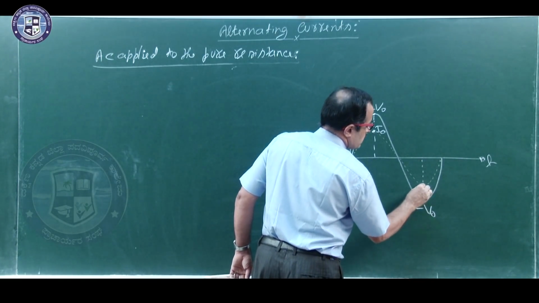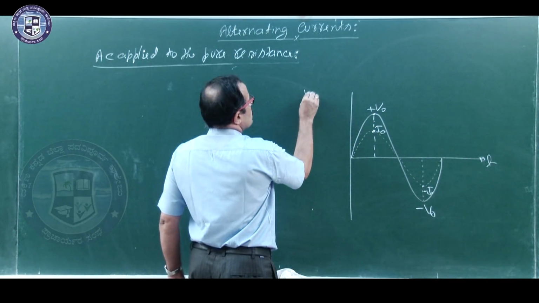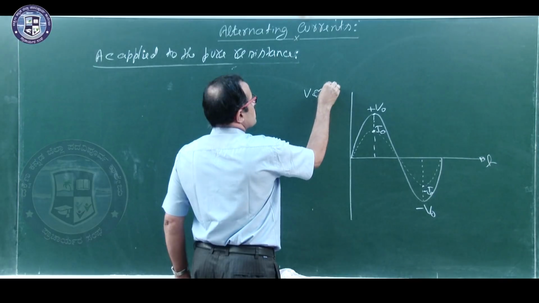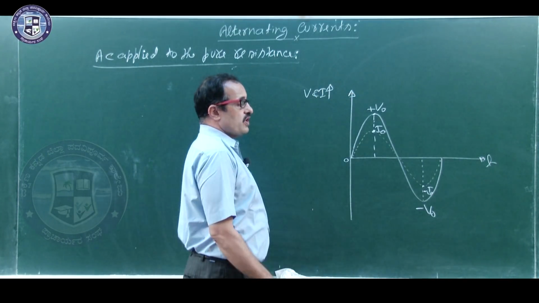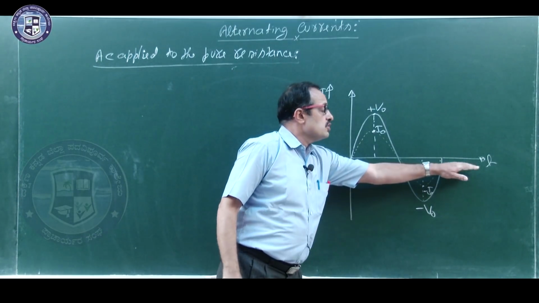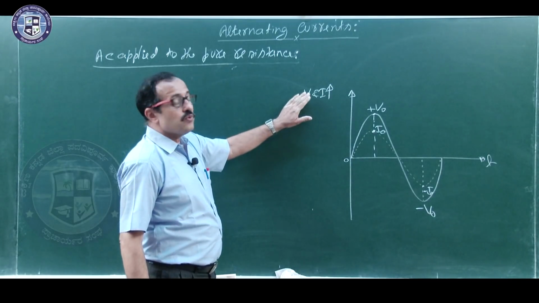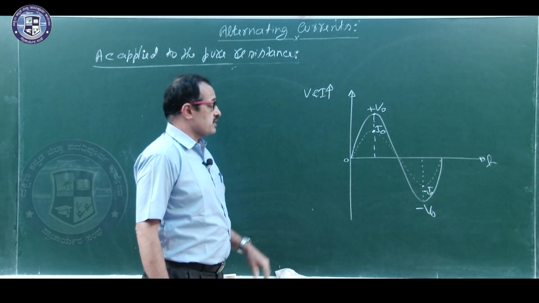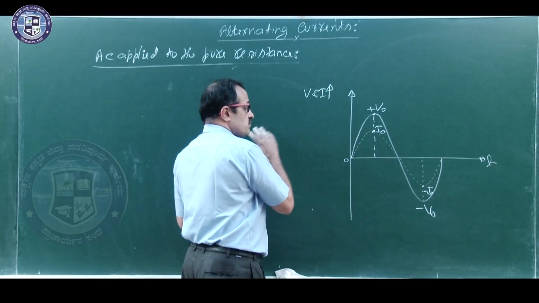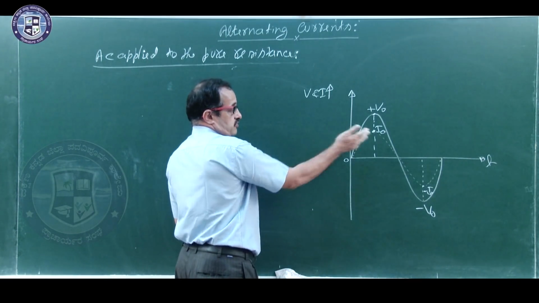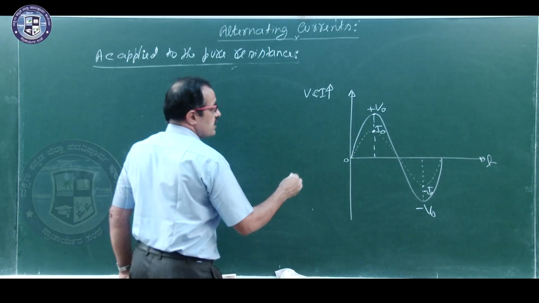Minus V naught, and here it is minus I naught. Here V and I. So, whenever you are asked to draw graph in exam, you have to mention what is taken along x axis and y axis, otherwise you are losing the mark. Okay. Now, I want to plot Phasor diagram related to this.